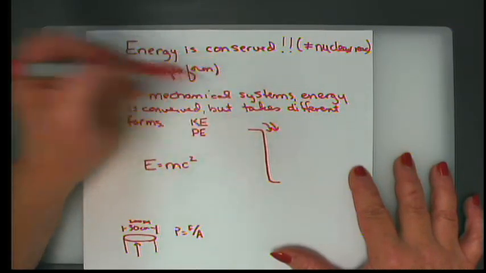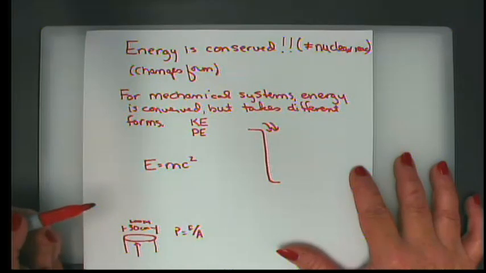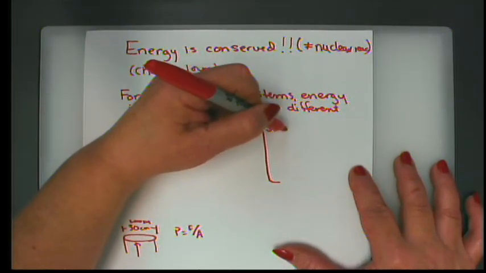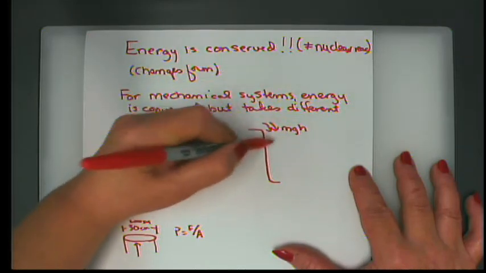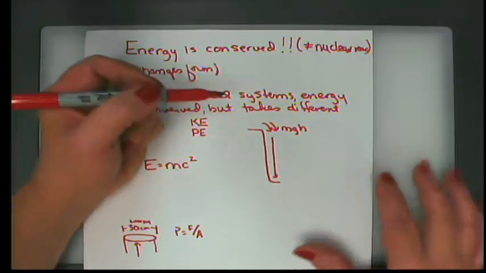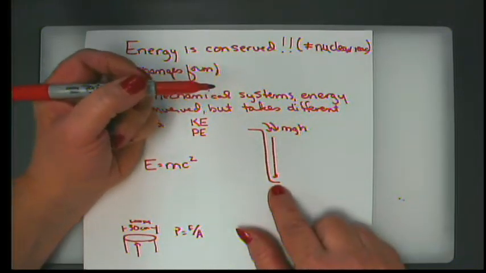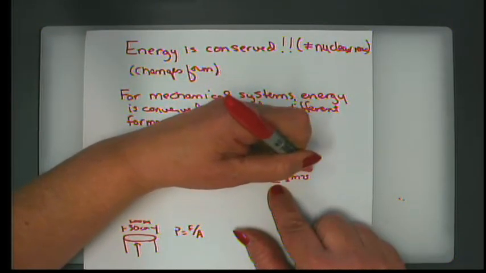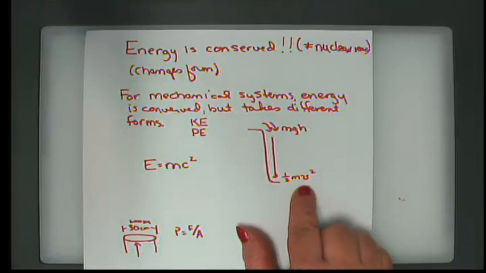For example, if you have an object that drops over a cliff, up here it's all potential energy, which is mgh energy. And if it falls down the cliff in a frictionless path, just before it hits the ground, it turns into kinetic energy, or 1/2 mv squared.